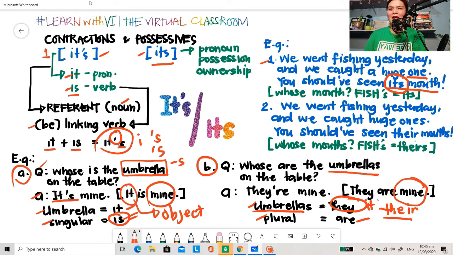And the same rule applies. If you're talking about a plural object right here, or a plural subject, what we're looking at would be the modification of "its" to its counterpart. For example, your sentence is, "We went fishing yesterday and we caught huge ones. You should have seen their mouths." And if you're asked, "Whose mouths again?" Well, the fish's. And then instead of saying "its" without the contraction, you say "their mouths." Okay?